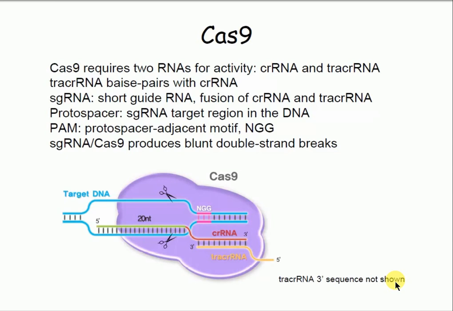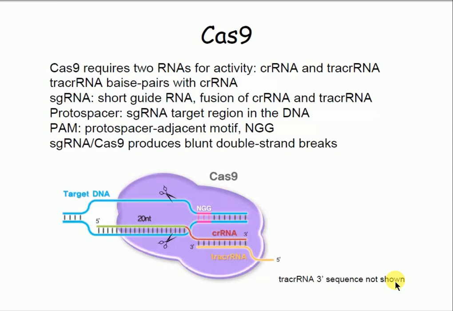A name that you come across frequently is protospacer, which is this part where the RNA hybridizes. So this is the target region. Then for specificity, Cas9 needs a minimal sequence requirement, and this is NGG, 1 nucleotide after the end of the hybridization part.